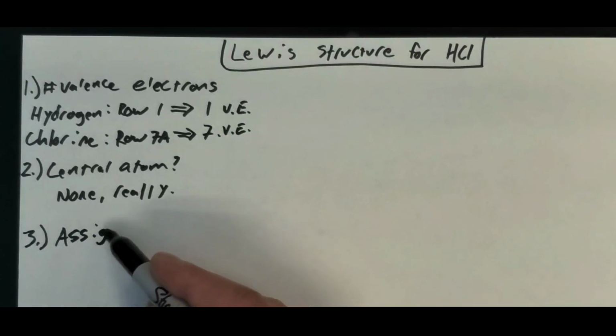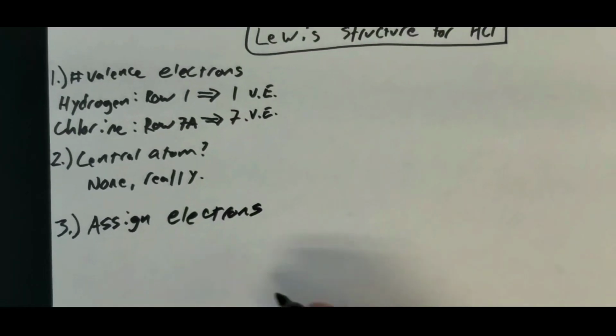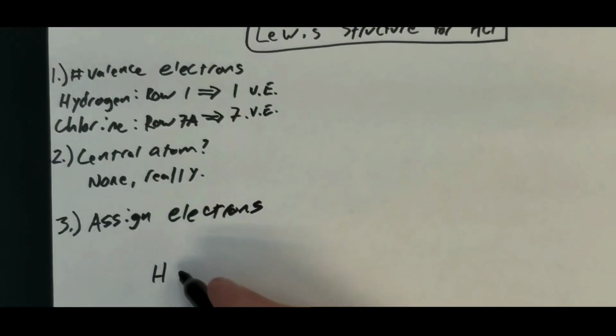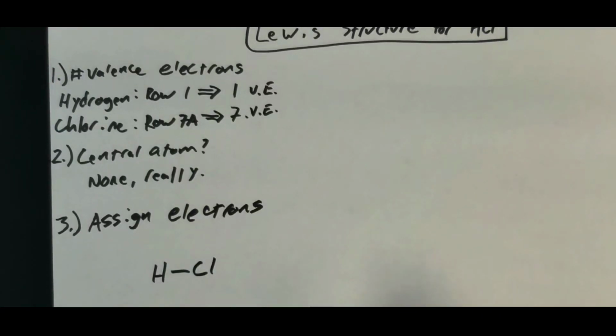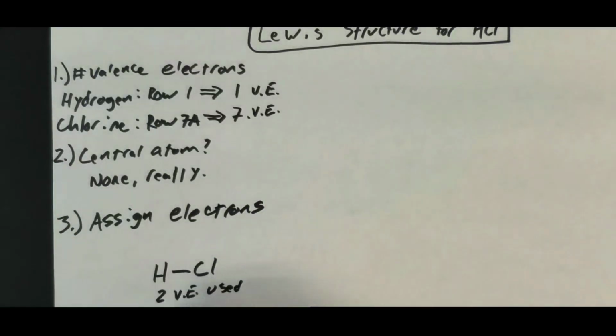Now we'll assign electrons by drawing H and just bonding it with Cl. This has used 2 valence electrons like this. We have 6 valence electrons left.